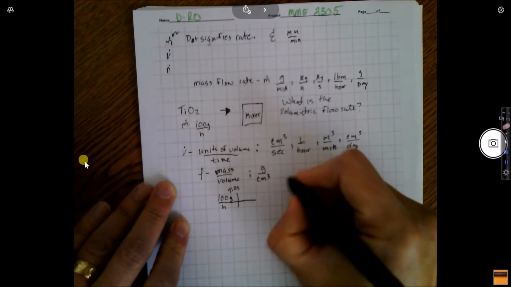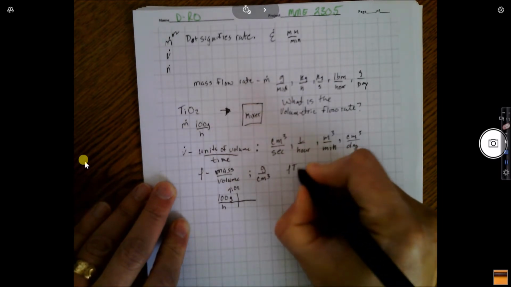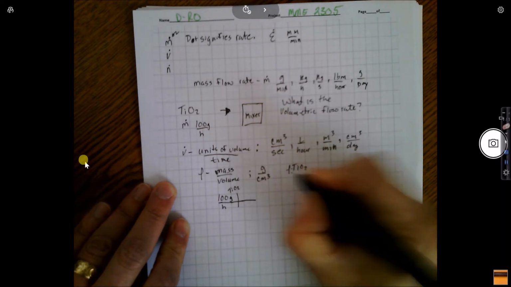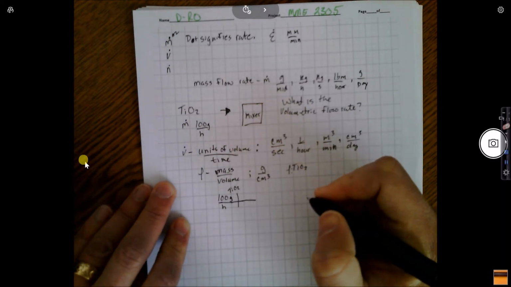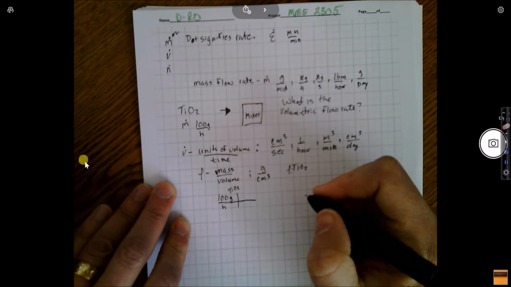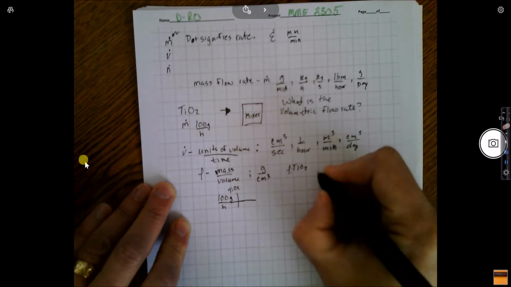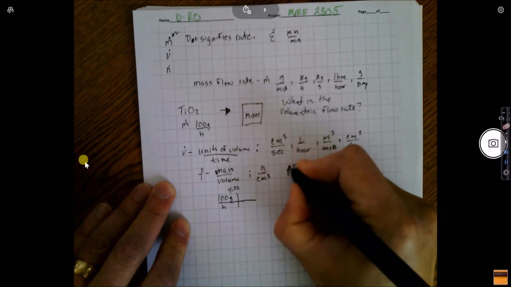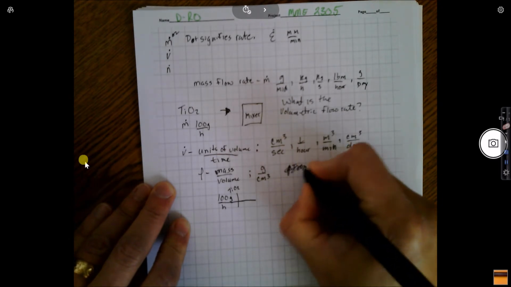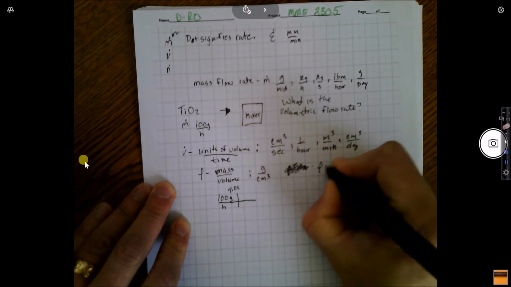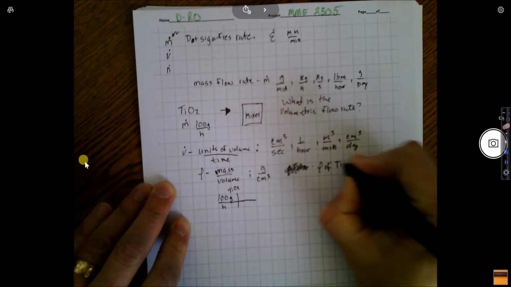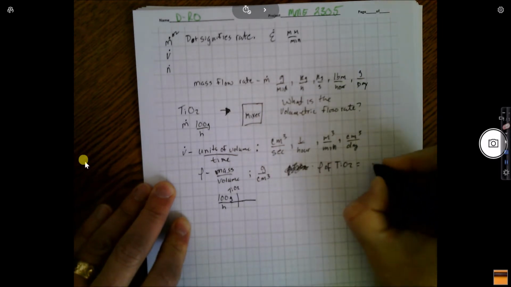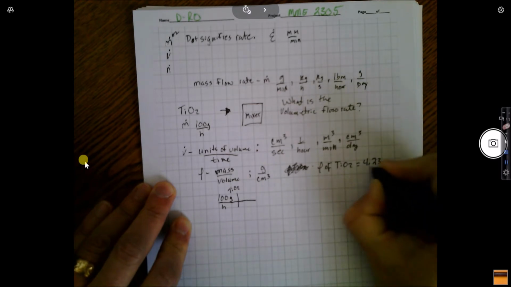So it just so happens that the density of TiO2, according to my handy dandy research I painstakingly performed before making this lecture, this is really, really bad notation. So density, here, just excuse this. Density of TiO2 is 4.23 grams per centimeter cubed.